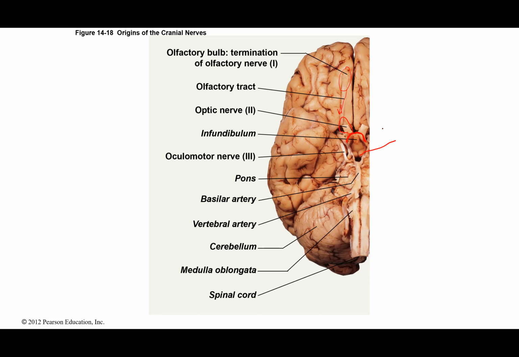These two small bumps are the mammillary bodies. And then we see some other structures. So the oculomotor nerve, number 3. Of note, you have the basilar artery. Remember, the basilar artery is where the vertebral arteries on either side join together to form a larger artery, which is the basilar artery.